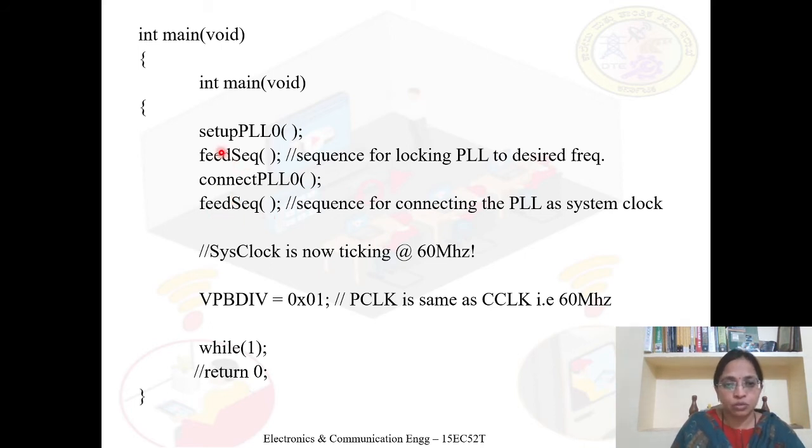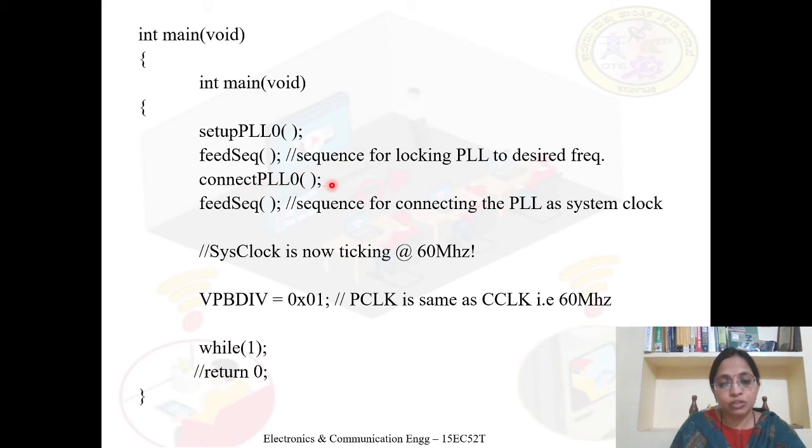The setup PLL function will enable the PLL and load the M value and P value. Next, the PLL feed sequence function feeds the sequence into the PLL feed register. The next function is connect PLL.